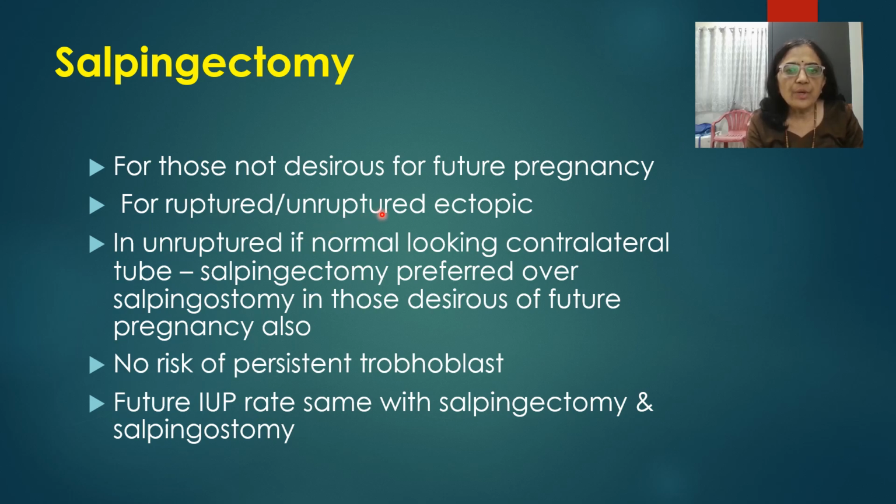It can also be used for unruptured ectopic when a normal looking contralateral tube is present. Then salpingectomy is preferred over salpingostomy in those desirous of future pregnancy also. The reason is that the risk of persistent trophoblast is not there with salpingectomy, and the future intrauterine pregnancy rate is the same with salpingectomy as well as salpingostomy.